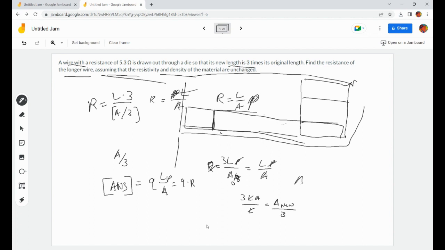If I divide by 3, the original A must be converted into A new, which is equal to A divided by 3, the original. So that's the answer. Okay, that is the reason why. It's kind of confusing how I talked about it, but you could think of it as you have to make sure the R new equals R old, and that's why. That's the answer.